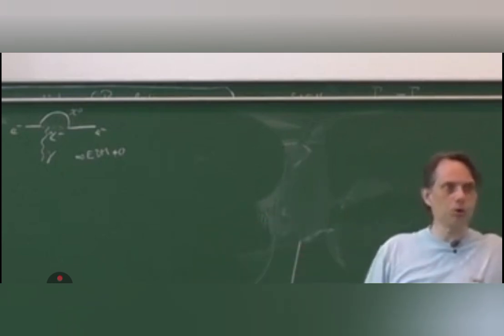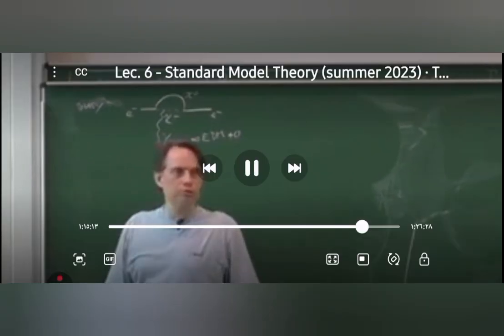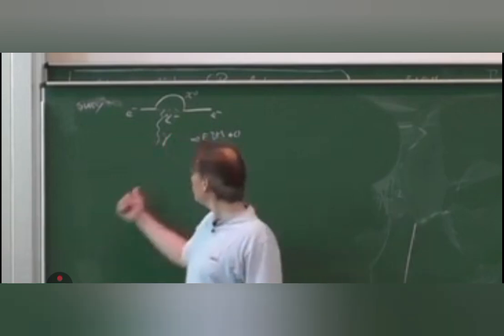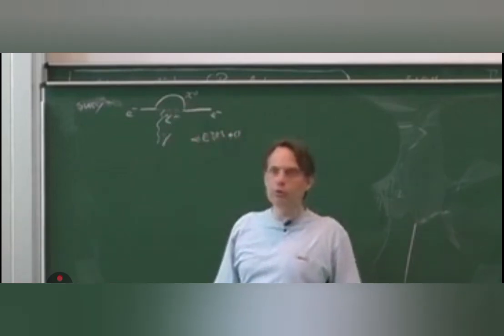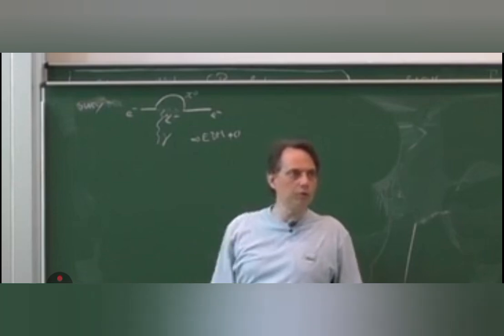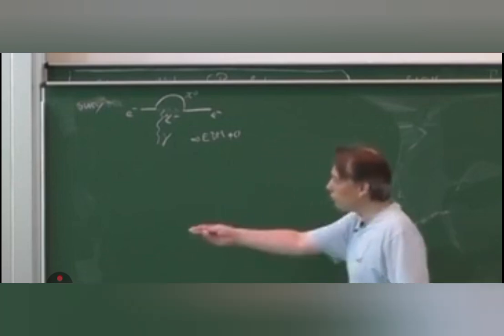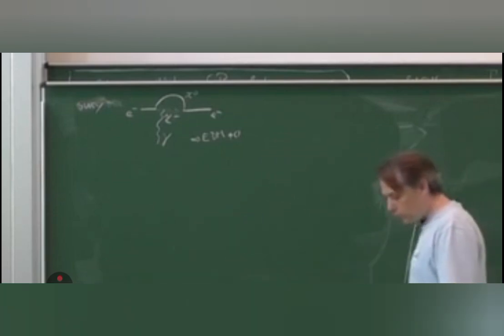Maybe one will find one such non-vanishing EDM, which then inevitably would prove the existence of physics beyond the standard model in connection with CP violation, and that would be a very important information in understanding, for example, cosmology. Therefore, those experiments are done and they are very interesting to observe.